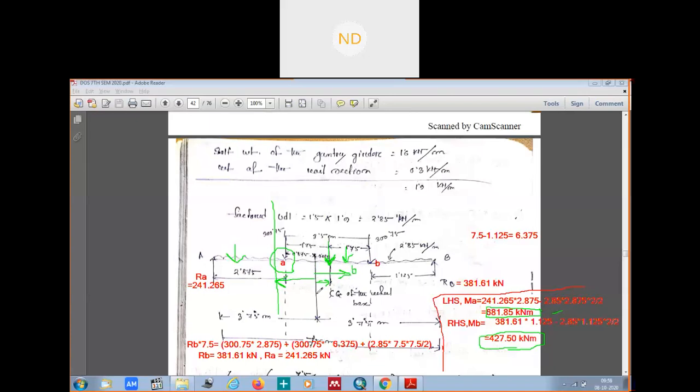Now since this is the CG of the gantry girder, it is at an equal distance from the CG of the wheelbase and the nearest wheel B. So when we place our wheelbase this way, the maximum bending moment occurs at wheel B. In our earlier case, the nearest wheel was A, at an equal distance from the CG of the wheelbase and the CG of the gantry girder.